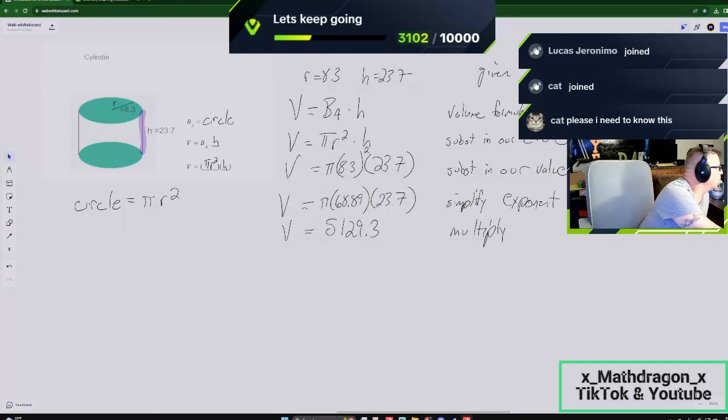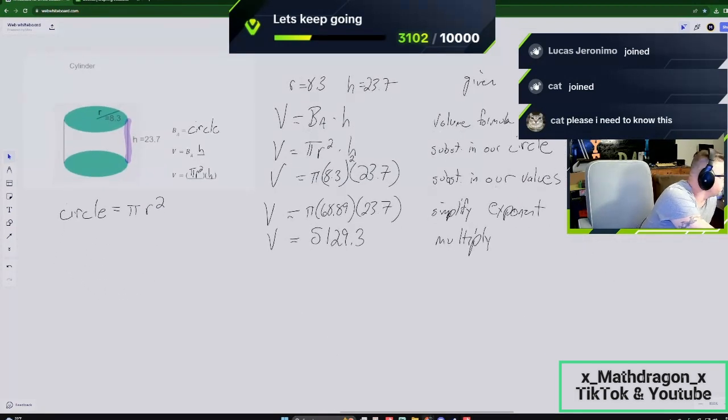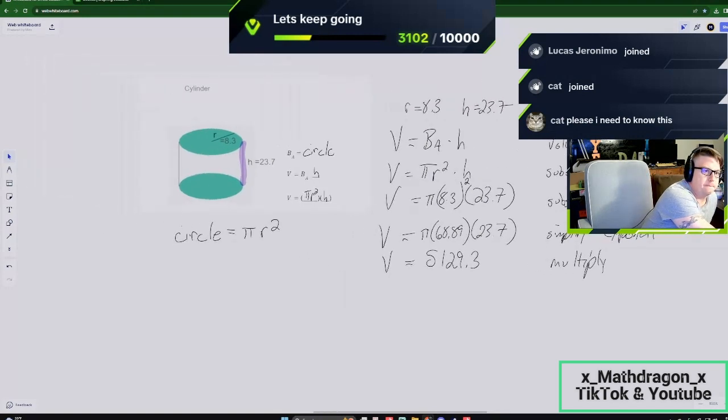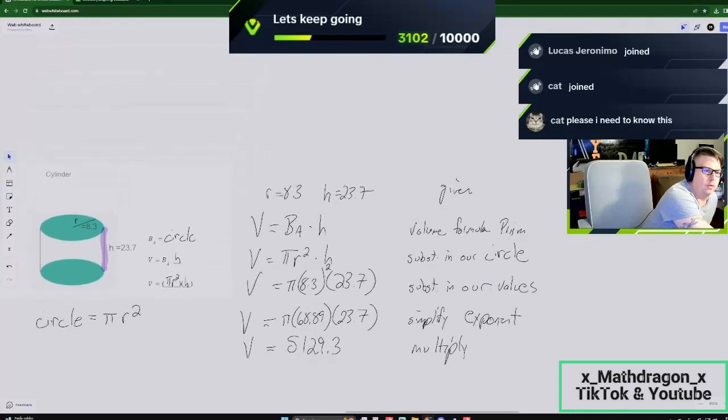All right, so let me help you. Are you doing volume or are you doing surface area? Do you know? Because we did a little surface area before. Okay.